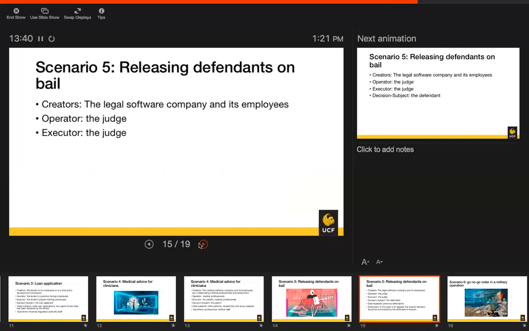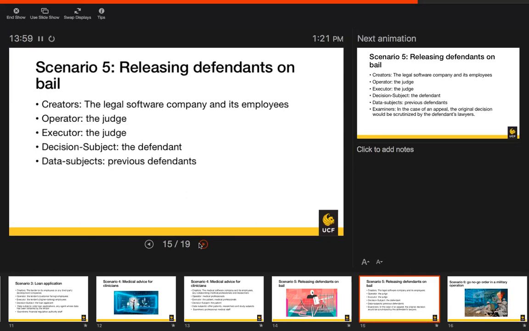So judges rely on the machine learning system to make the decision whether to release the defendants, or at what price to release them, to tell if it's dangerous to release these defendants. So the decision subject would be the defendant as well.